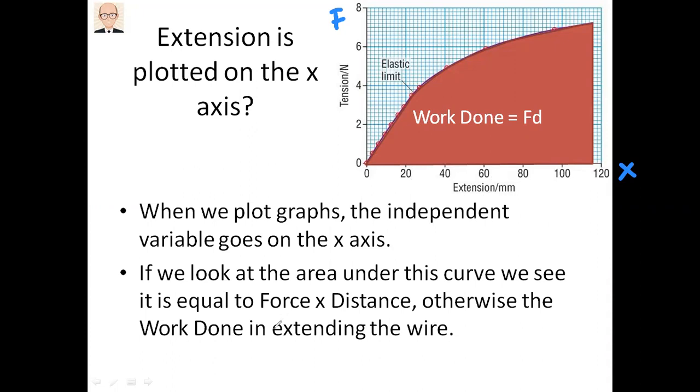If we look at the area under this curve, we see that it's equal to force times distance. And we know that force times distance is equal to what? Work. It's going to be the work done in extending the wire. So it's very important.